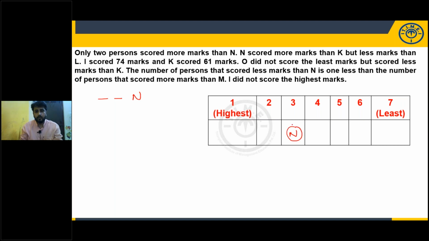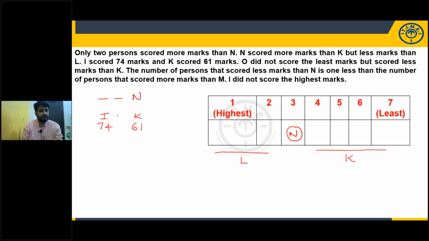N scored more than K. So one of these 4 positions goes to K. But N scored less than L, so one of these 2 positions goes to L. And I scored 74 marks and K scored 61 marks.